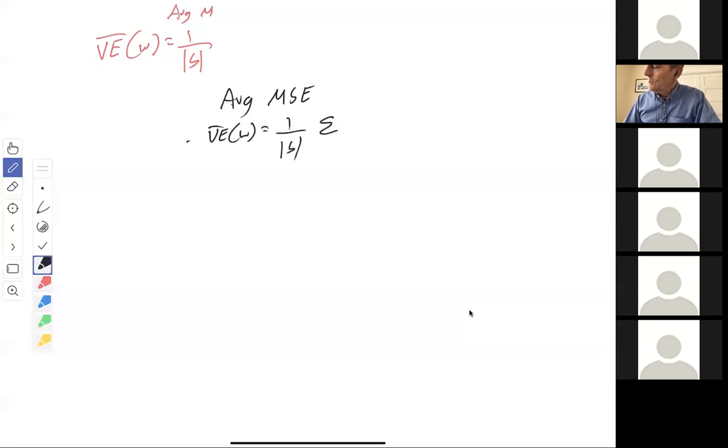And then the summation for S in capital S of, we're taking the square of, the order I do this shouldn't really matter since we're squaring it, but nonetheless, v pi of S, that is the actual value function for this state, minus our approximation.